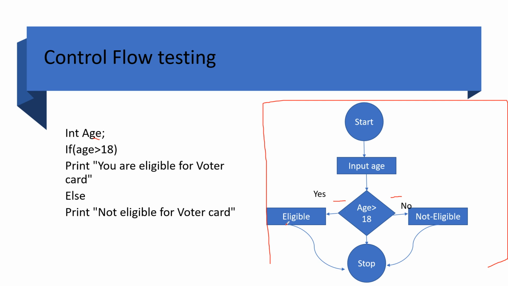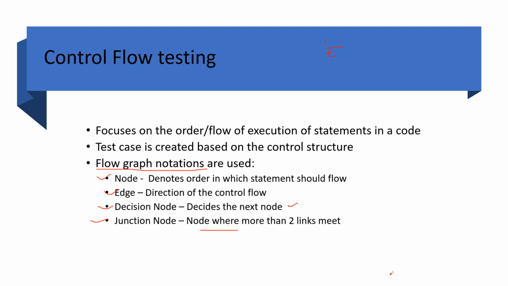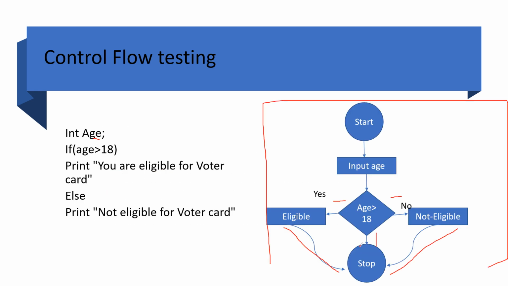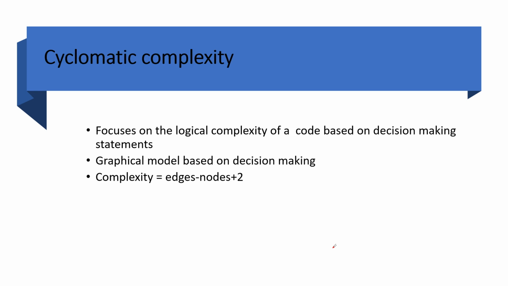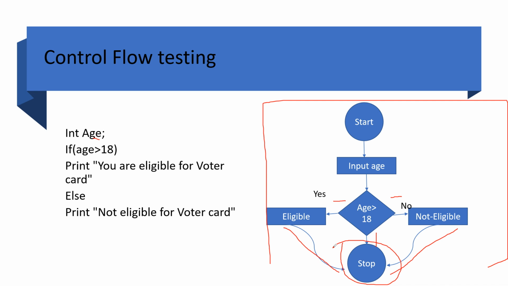Now you can see we have an edge here, an edge here, an edge here, right? This stop will be called a junction node. I know it is confusing. Just try to understand what it is. Don't go too deep into it. That much is enough.